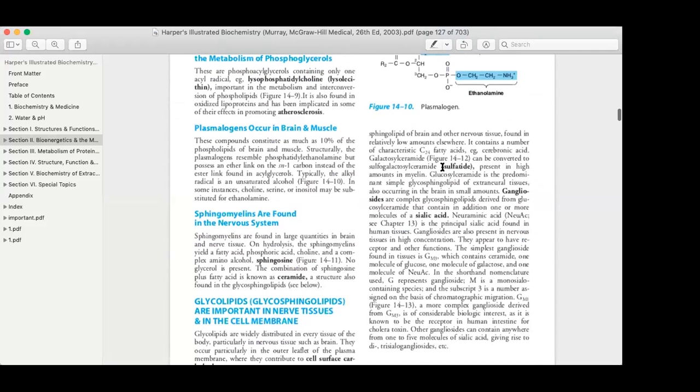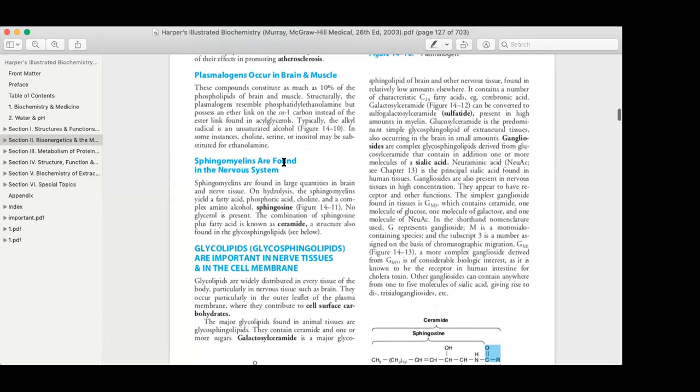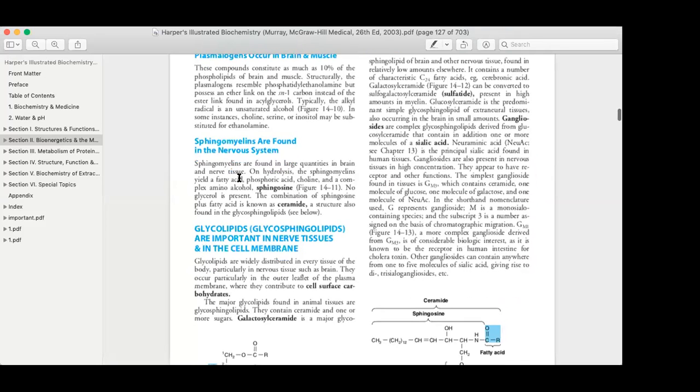Deficiency of sulfolipid, a disorder of metabolism of sulfolipid, leads to which disease? Metachromatic leukodystrophy. So just remember their clinical name. Sphingomyelin is found in the nervous system. Sphingomyelin is found in large quantity in the brain and nervous tissue.